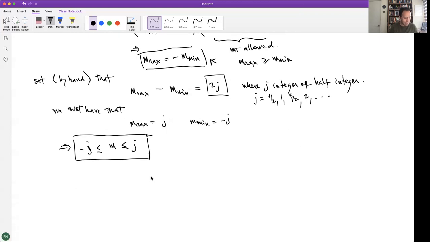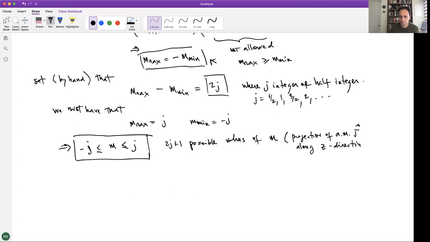Now, therefore, we have 2j plus 1 possible values of m, which we call the projection of the angular momentum vector j along the Z direction.